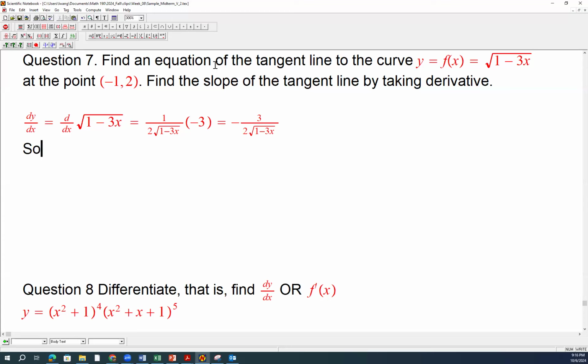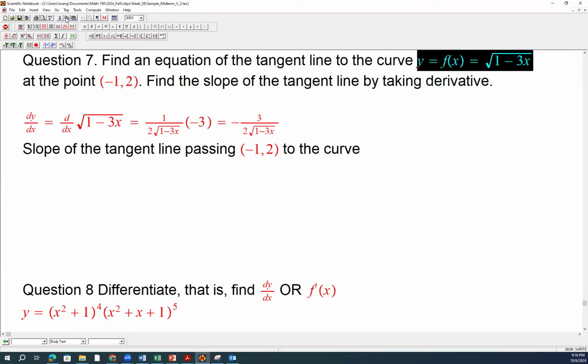Slope of the tangent line passing the point -1, 2, and to the curve of the function that was given.